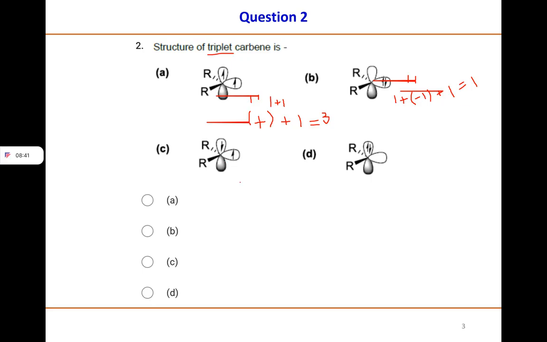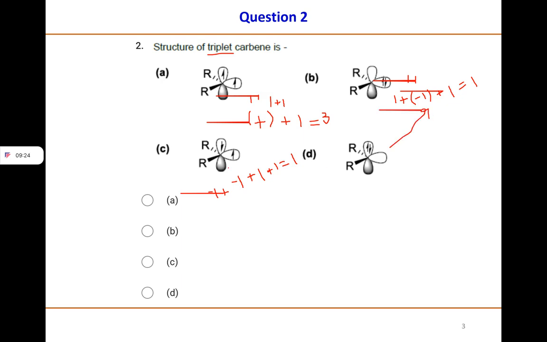Talking about this one, in a similar way, this is also plus 1 minus 1, because both are in opposite spin, right? So this is also singlet carbon, and the fourth one, here also both the electrons are opposite spin, the same way, right?